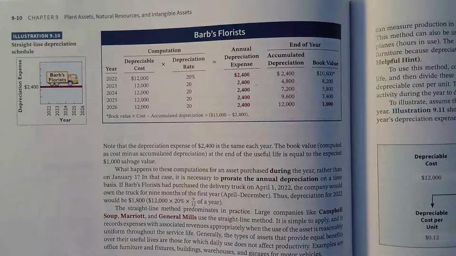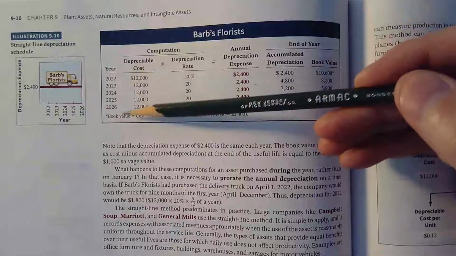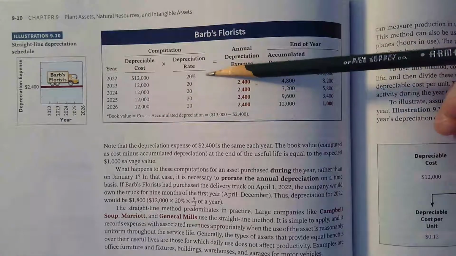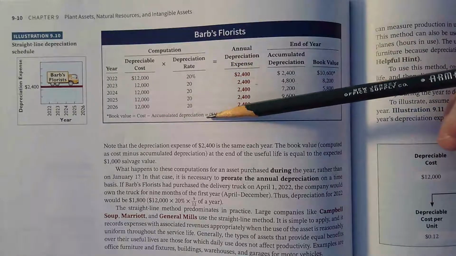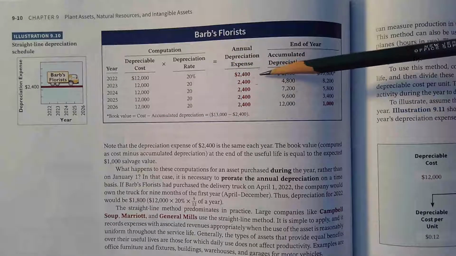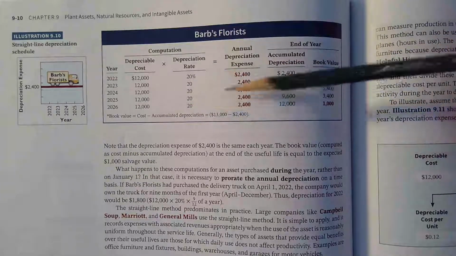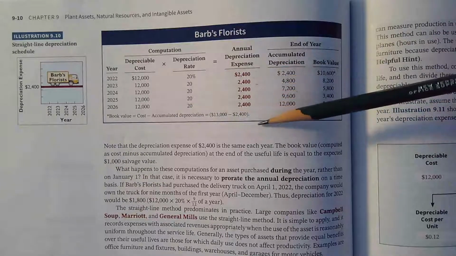So again, just go back here. These are the years. The depreciable cost always stays the same. The depreciation rate always stays the same. The annual depreciation expense is always going to be the same because it's always 12 grand times 20%, which is always 2,400.